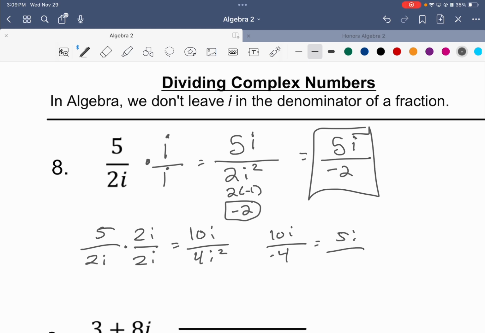It becomes 5i over negative 2. Get the same answer. You just have to do more work. You decide. Now, have I changed the value by multiplying by i over i? i over i is really just multiplying by 1. It just gets rid of it. Kind of like we did with radicals. We couldn't leave the square root of 2 in the denominator, so we multiplied by the square root of 2 over the square root of 2. Same exact concept.